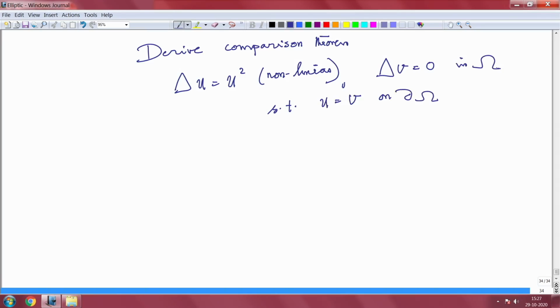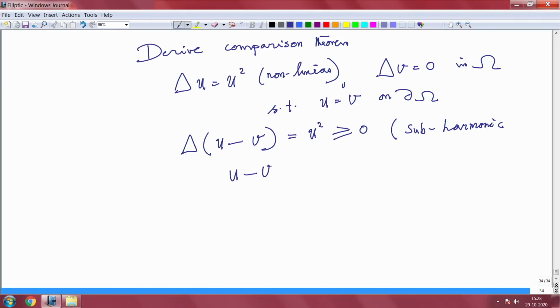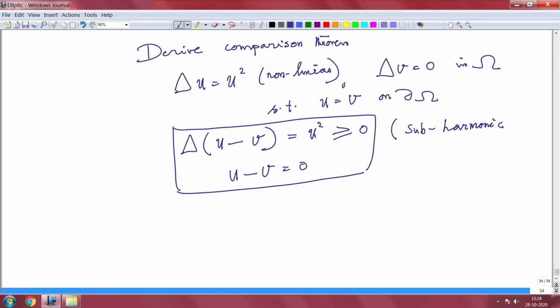Then if you subtract, you get Laplacian of u minus v equal to u square. You immediately see that this is a subharmonic equation, which we are going to derive now, and u minus v equals 0 on the boundary. So you will be able to compare solutions between a problem which may be a little difficult, and another problem which will be easy. You will be able to do some comparison results.